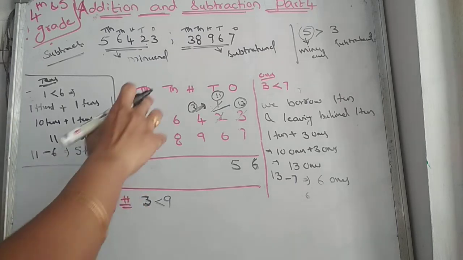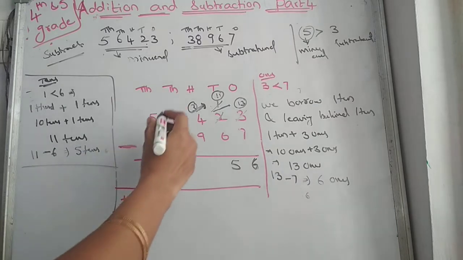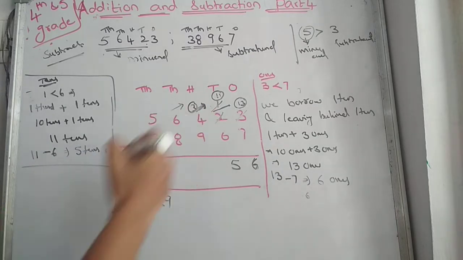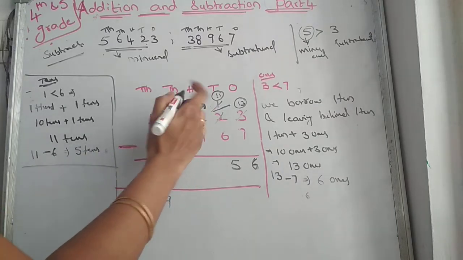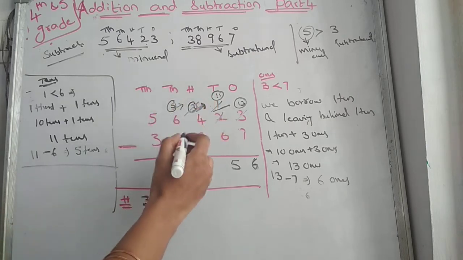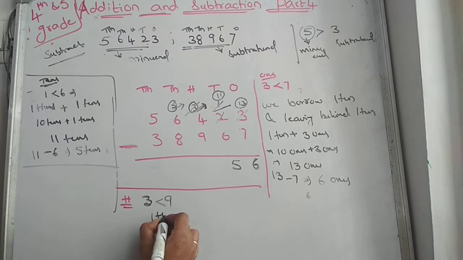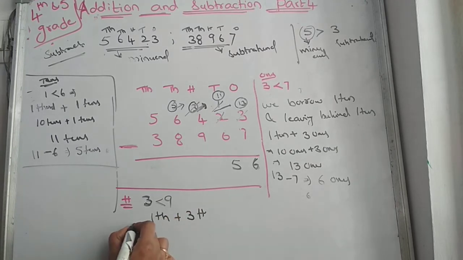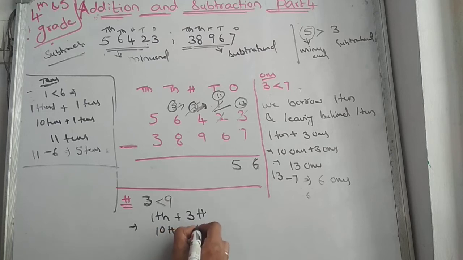Again we borrow 1000. If we borrow 1000, what will happen? 6 will decrease to 5. 1000 plus 300, so 1000 means how many hundreds? 10 hundreds plus 300, so in total 1300.